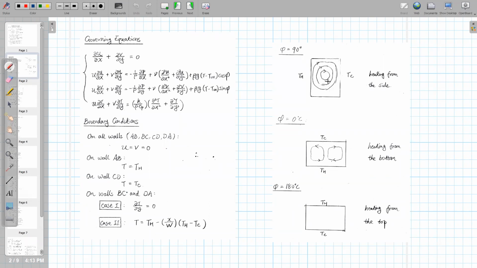If you consider phi equal to 0 degrees, that basically means the hot wall will be on the bottom and the cold wall will be on the top.